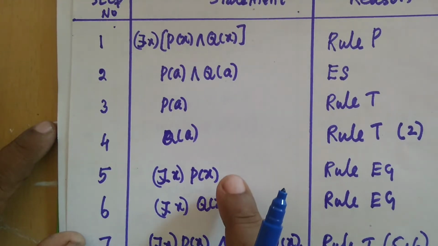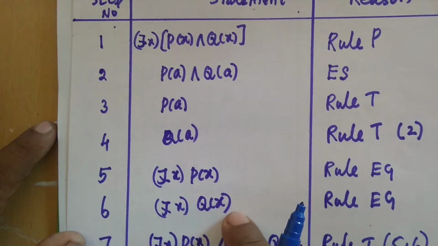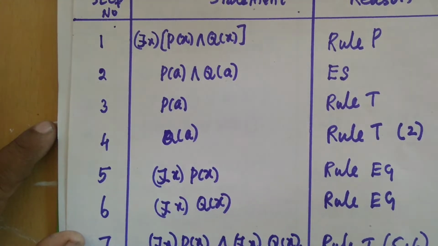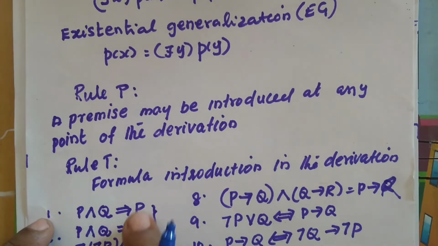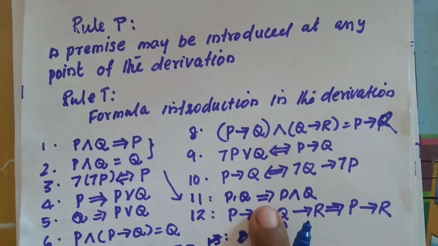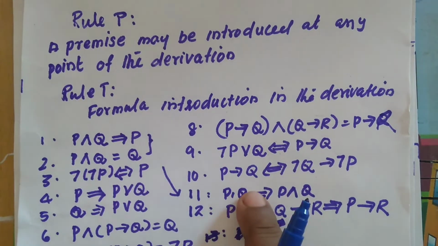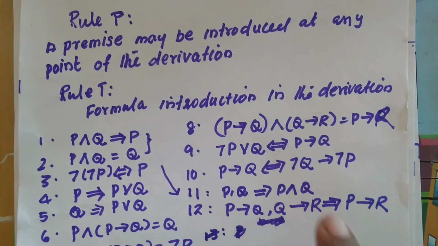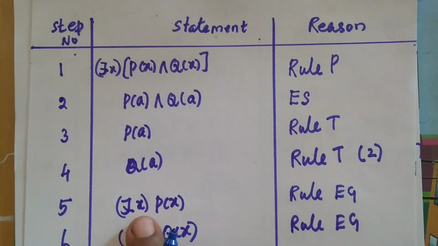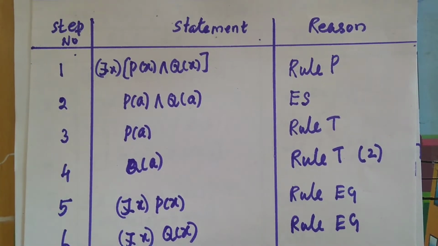Because this is P, this is Q, P, Q implies P and Q. That is our definition. By this formula, we can write there exists x, P of x and there exists x, Q of x from statements 5 and 6. So we put the numbers 5 and 6.